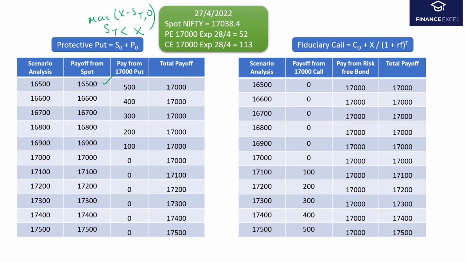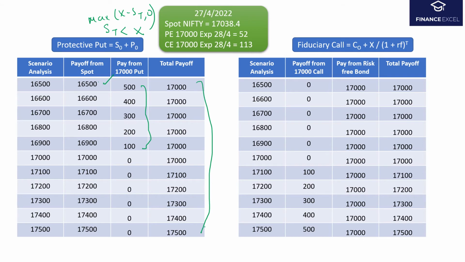So we would exercise the put option only if the price of Nifty is below 17,000. Otherwise, we won't exercise the put option. So guys, this would be the total payoff from the protective put. You add the payoff from the spot asset with the payoff from the put option. What you get is the total payoff from the protective put.